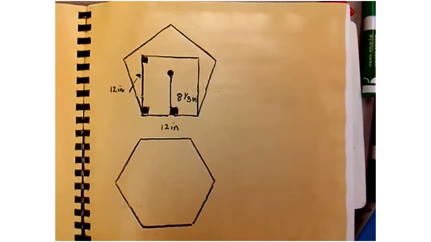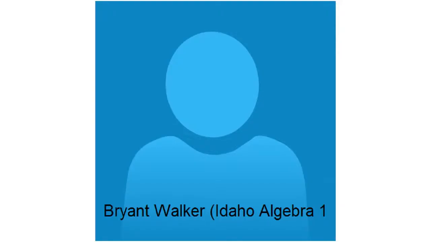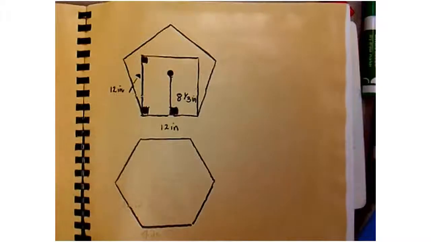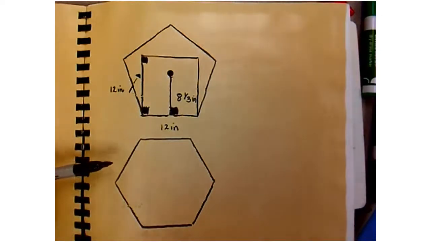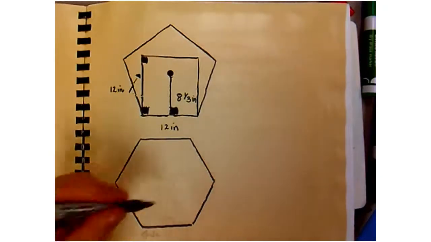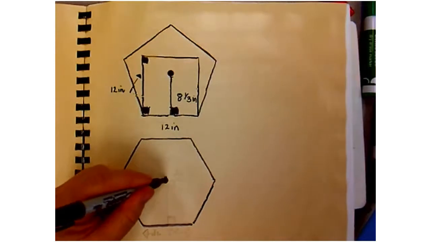It's a hexagon. 6 sides, 6 vertices. Is it regular or irregular? Regular, because we were given that in the givens, right? If it had tick marks, it also would be regular. Regular means congruent sides and congruent angles. Good. All right. It's a hexagon. Is it concave or convex? Convex. This formula for finding area only works on convex.